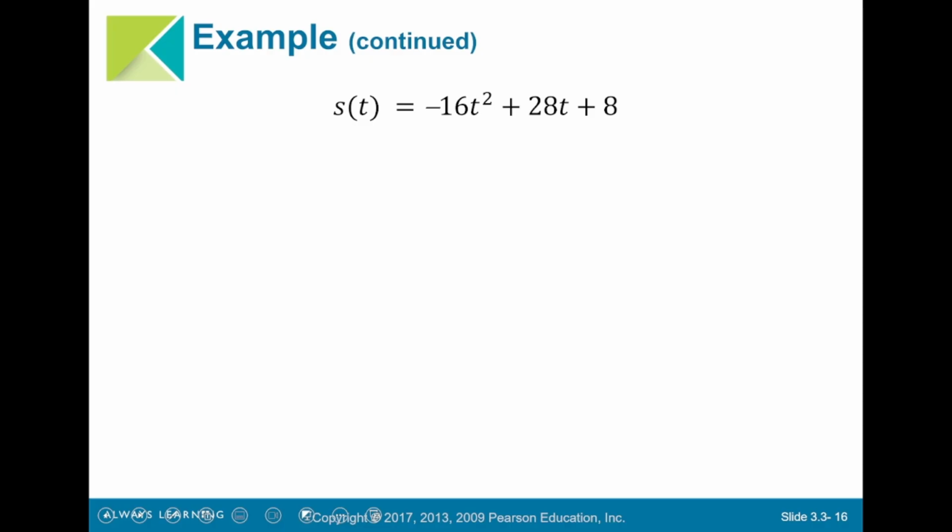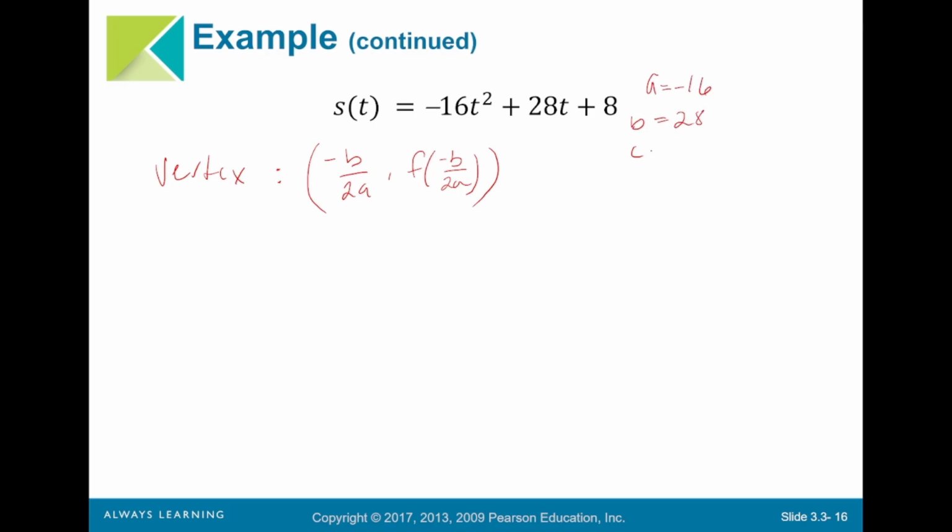So we've got to find the maximum of this function. Let's start out by finding its vertex. So the vertex, this lovely formula, negative b over 2a, f of negative b over 2a. And we think about, well, a here is negative 16, b here is 28, and c here is 8.